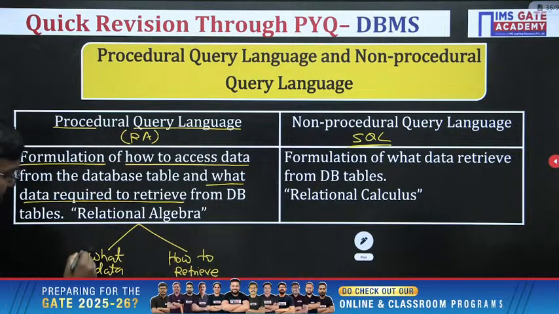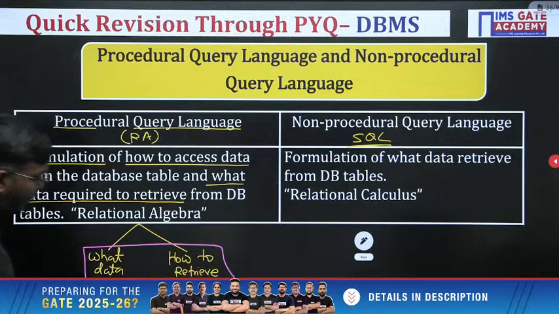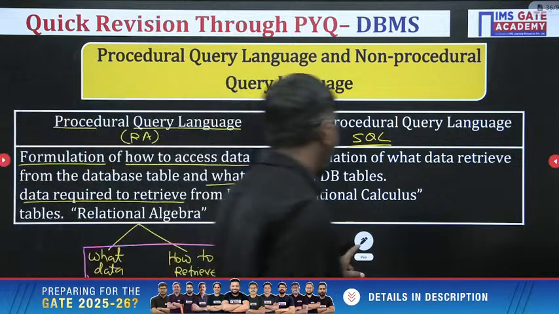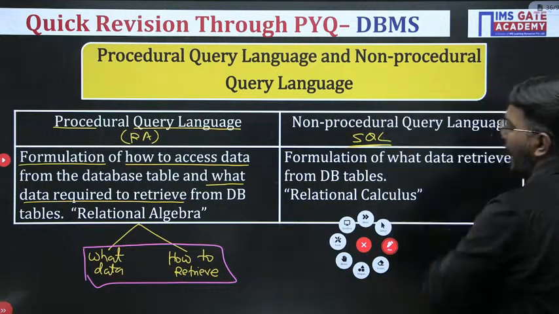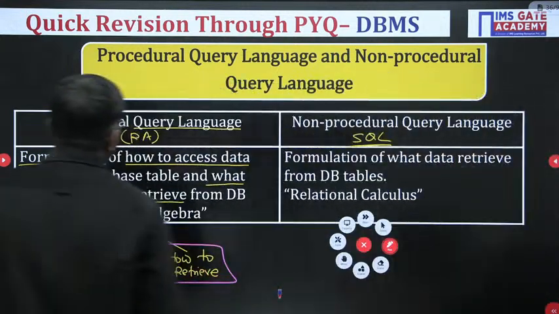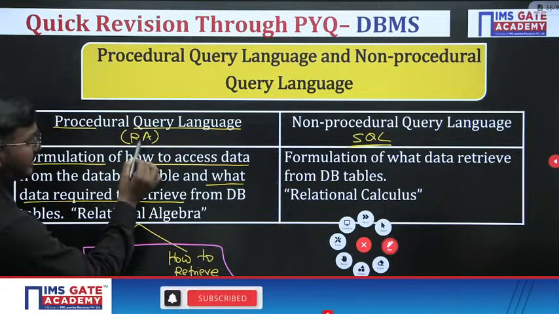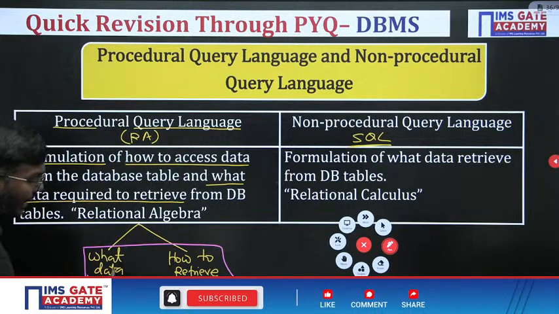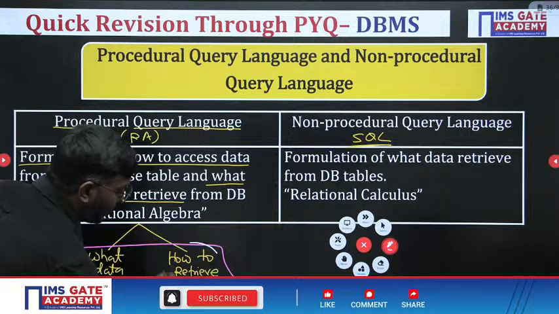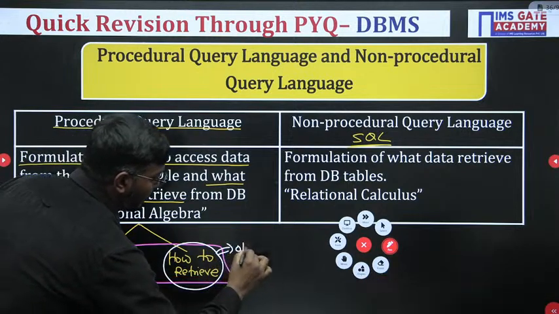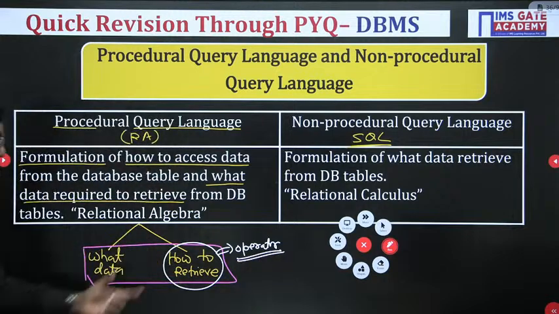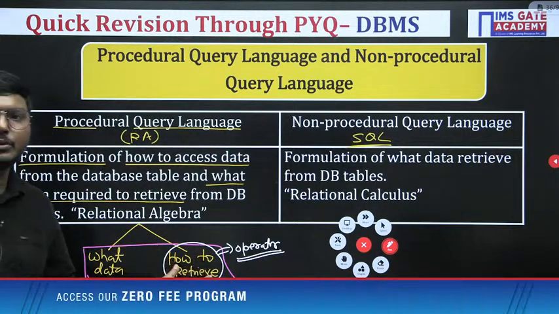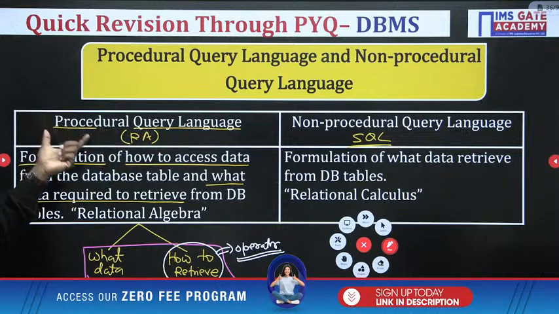These two things are required under a procedural query language. And relational algebra provides this method. In RA we are going to see how relational algebra defines what data is required, and ultimately through the operators it will also define how we are going to retrieve the data from the database. Understood? So this RA is nothing but our procedural query language.